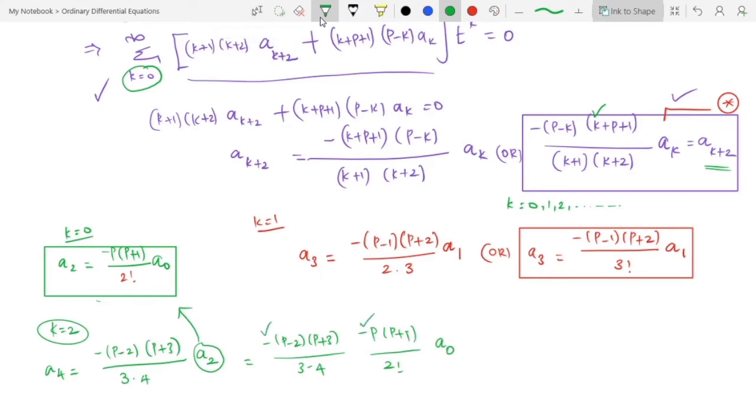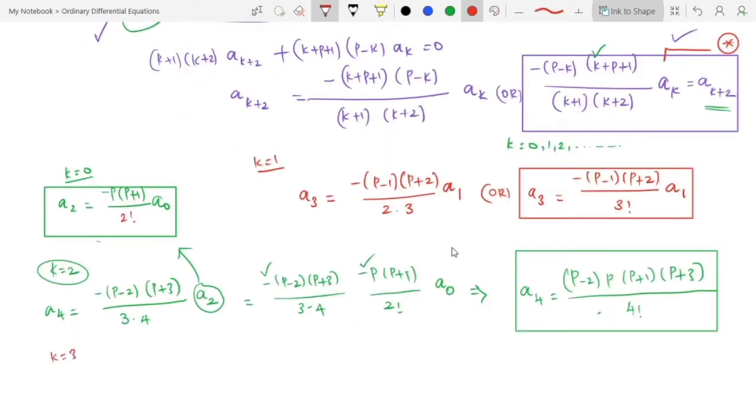Minus into minus plus. So a4 equals (p-2)(p+3) p(p+1) divided by 2 factorial into 3 into 4, that is 4 factorial, of a0. Write in order: p, then p+1, then p+3, before that p-2. Left side p-2, right side starts from p+1, p+3.